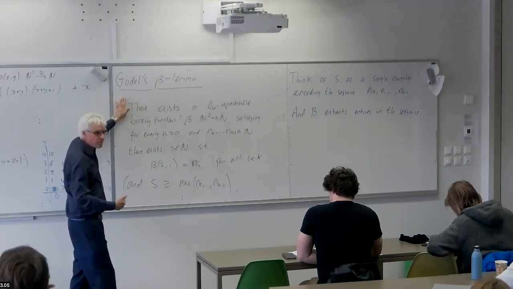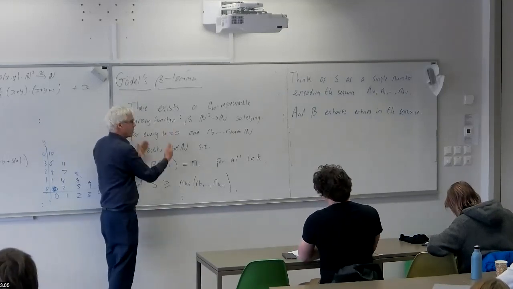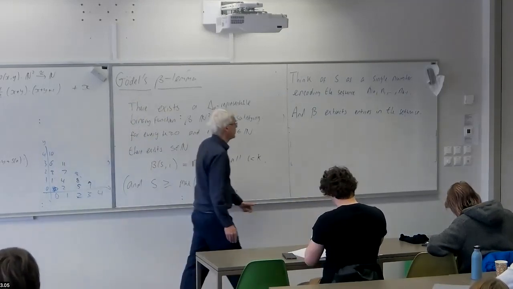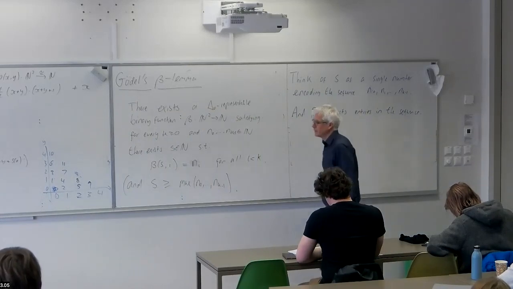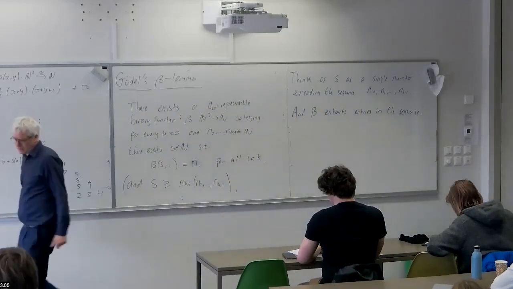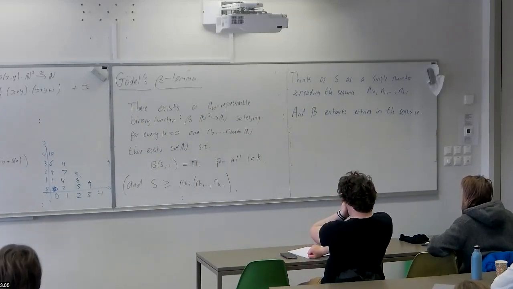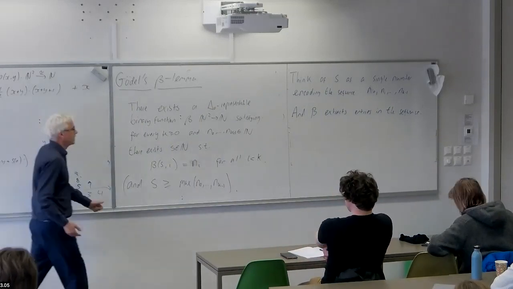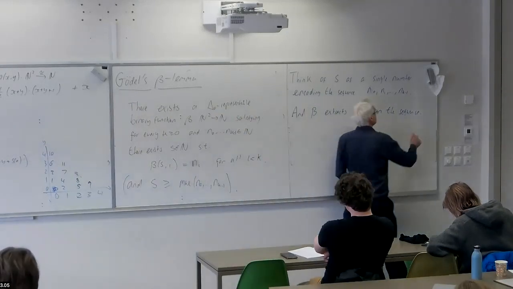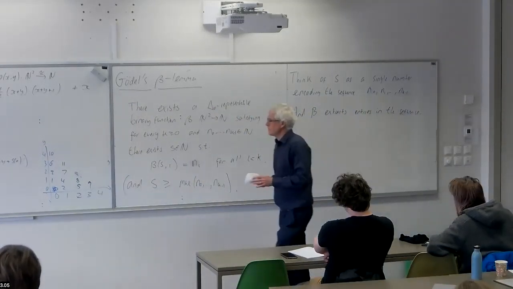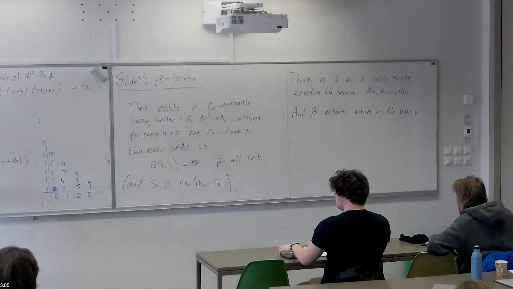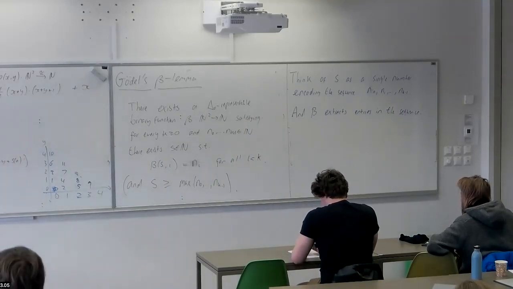And then the last part of the lecture is going to be the clever proof that this beta function actually exists. How one uses the beta function to define exponentiation is a little bit clever, but nothing really shocking. It's not the main difficulty. So it's good to get that out of the way.